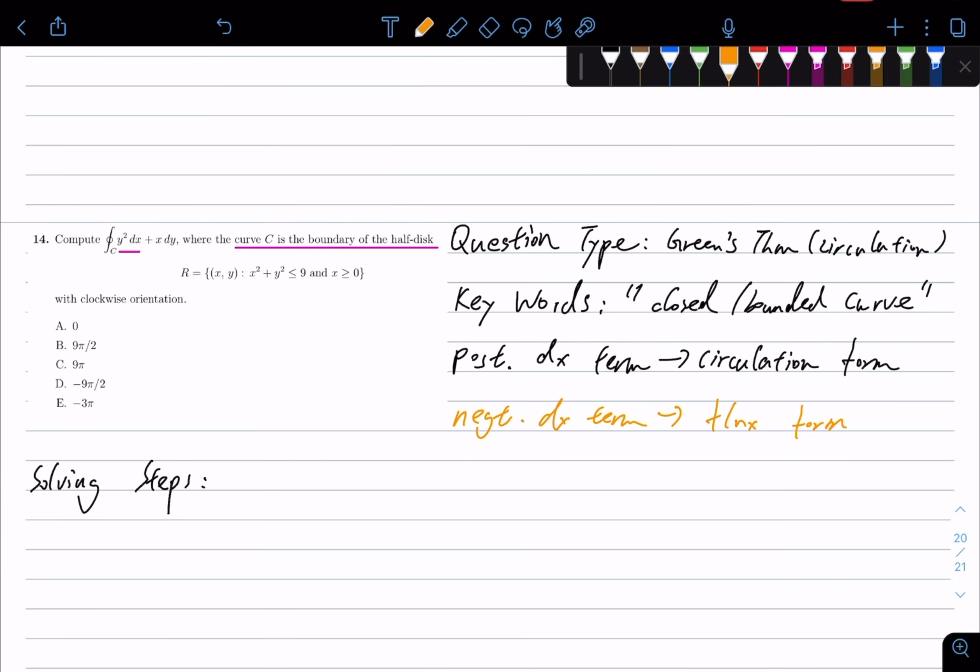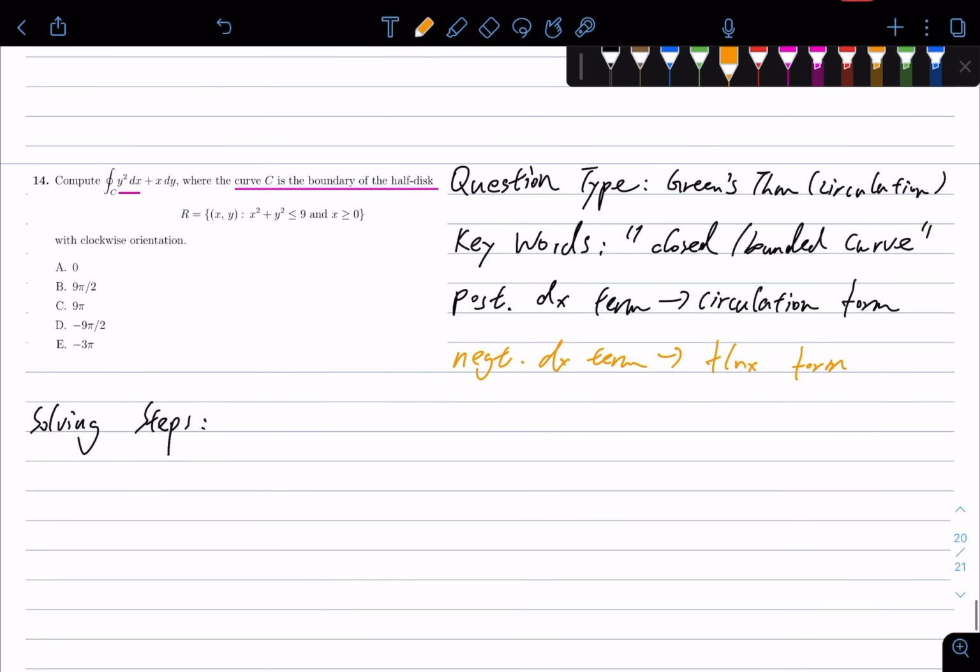So this is the line integral case, where it's a positive dx term. But what about in the area integral case?